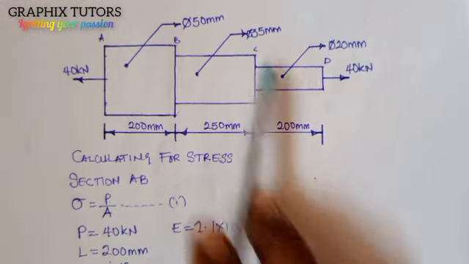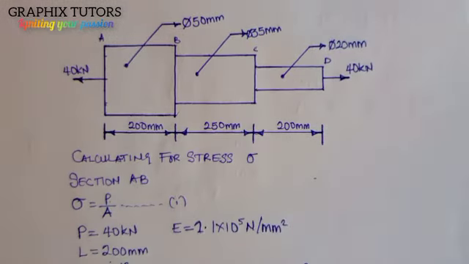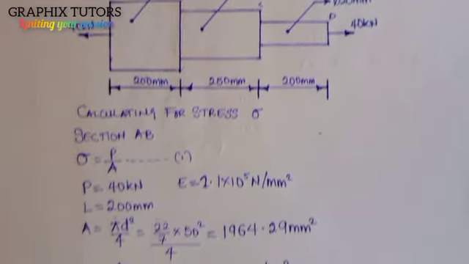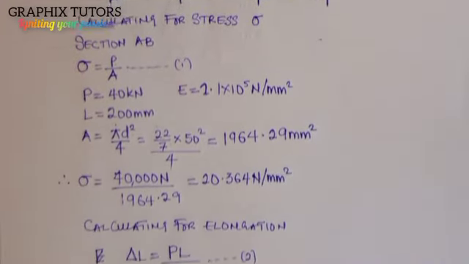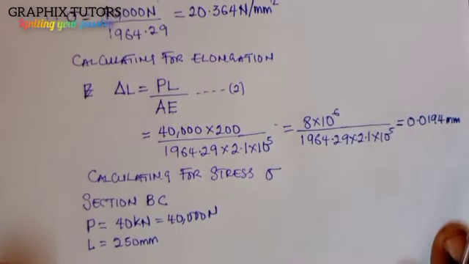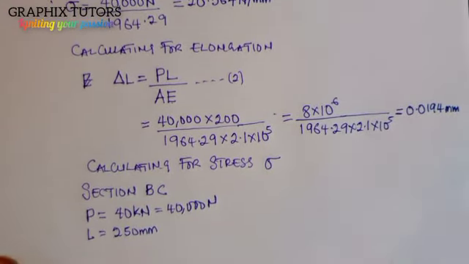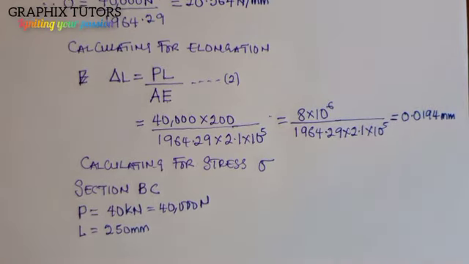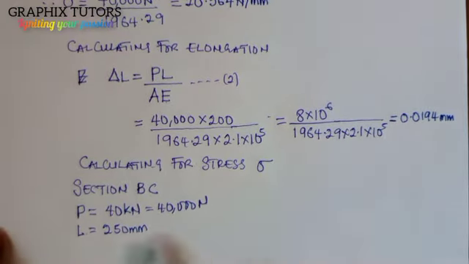Then the diameter is giving us 35 millimeter. So let's put the diameter, D, giving us 35 millimeter, right?